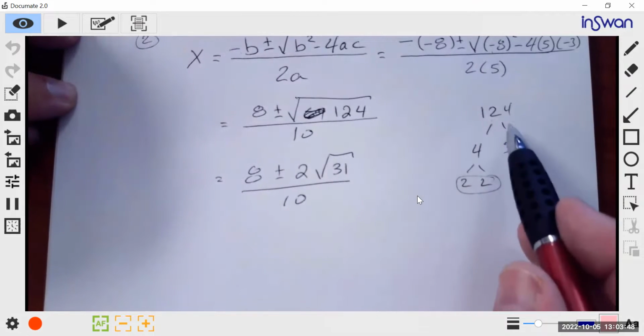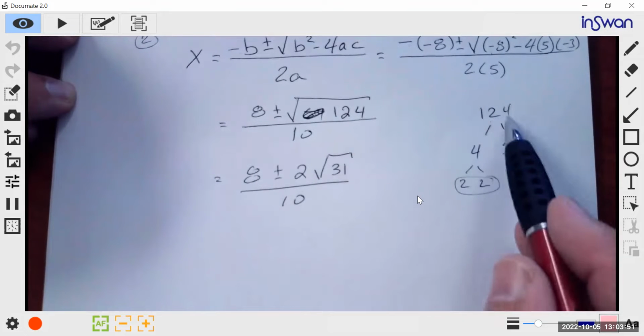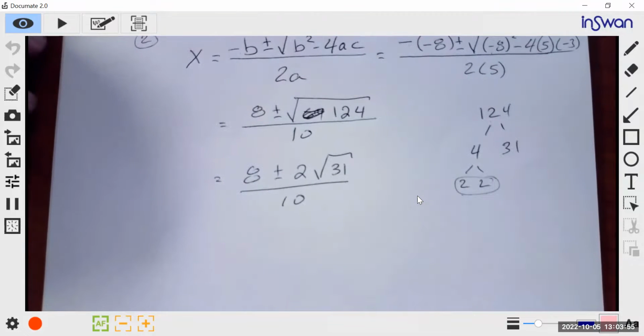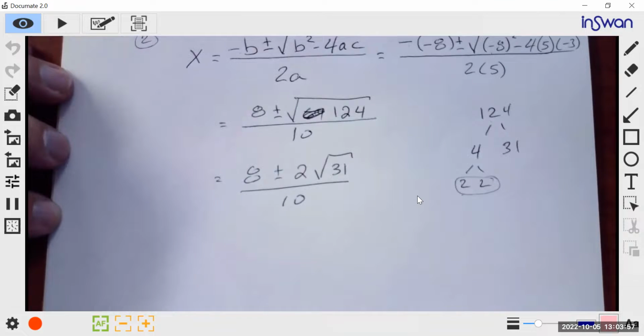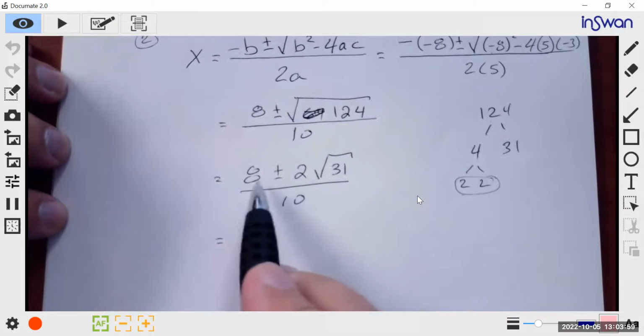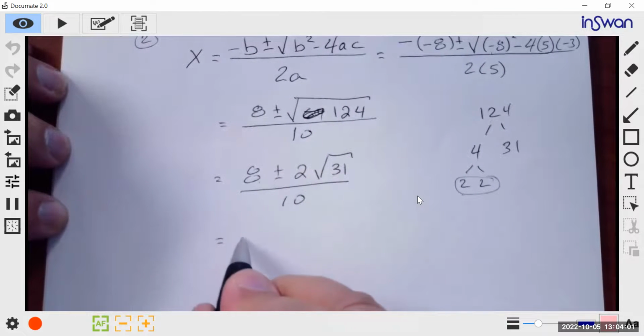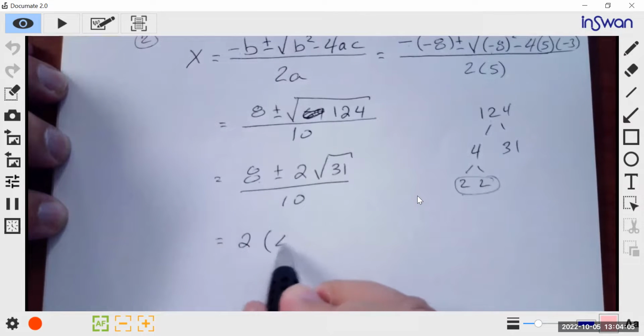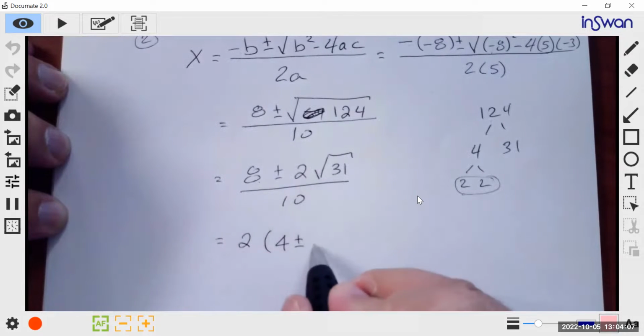We've got the prime factor, whatever's inside the radical, prime factorize it. We see 2 times 2 times 31. Since they're both even numbers on top, we can take out a 2. That becomes a 4, and that becomes a 1.